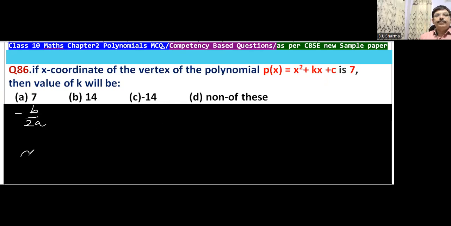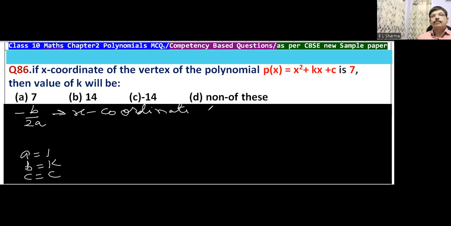And here on comparison we have a is equal to 1, b is equal to k, and c is equal to c. Students, here there is no c in the x coordinate formula, and this is given, this is the x coordinate of the vertex of the quadratic parabola.